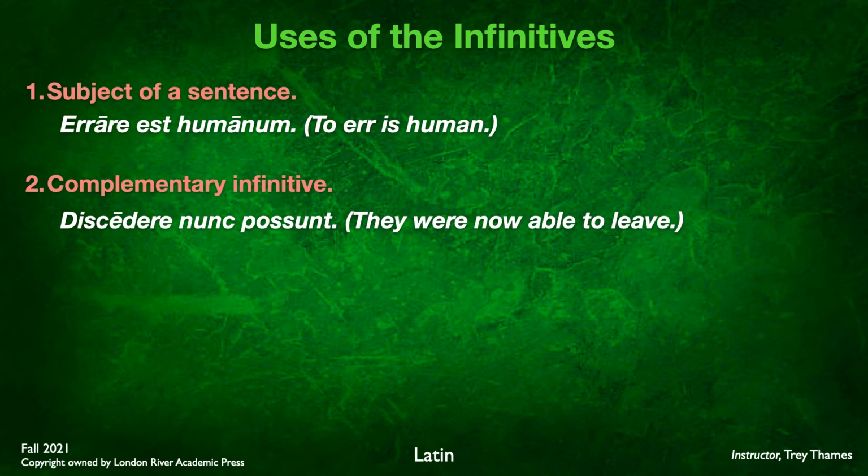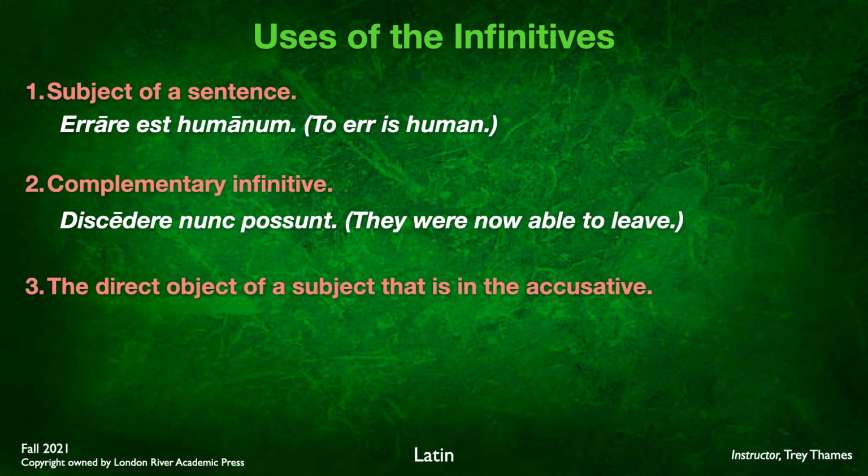So here we have discedere nunc possunt, they are now able, possunt, to leave, discedere, they are able to leave. So to just simply say they are now able isn't fully a completed thought. So you have to add the to leave, the infinitive discedere. So that is one usage we've already looked at.